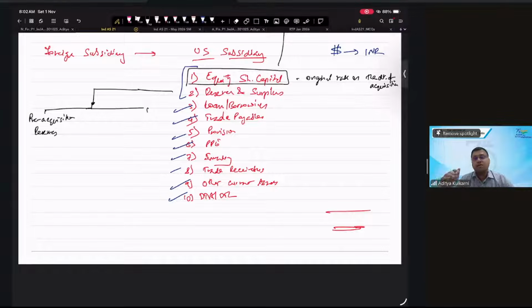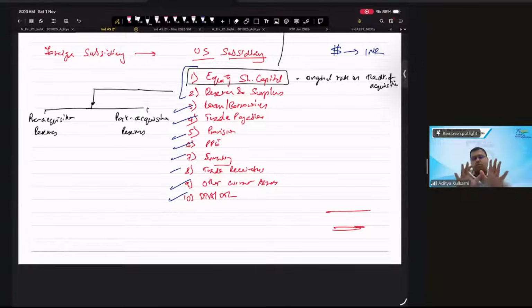So when you acquire a controlling stake and it then starts making profits or losses, those profits or losses will go and sit in reserves. Those reserves will be called post-acquisition reserves. Yes or no?